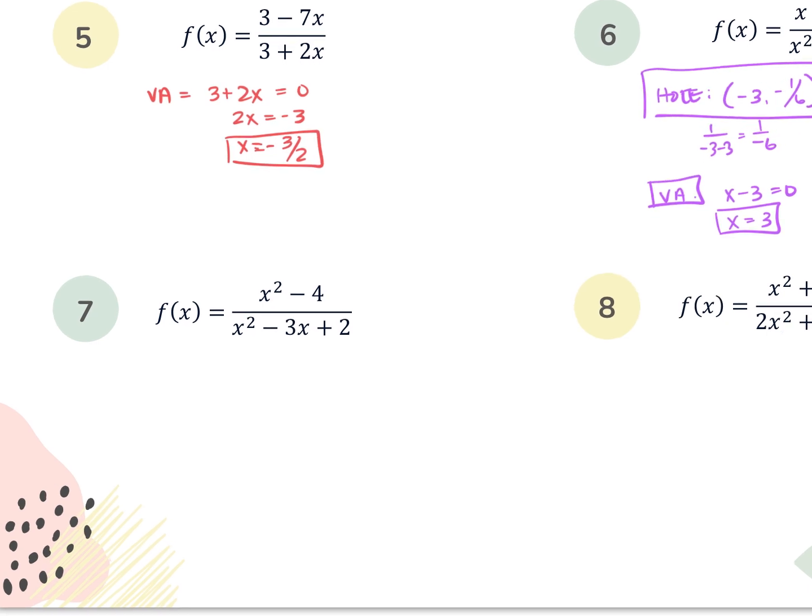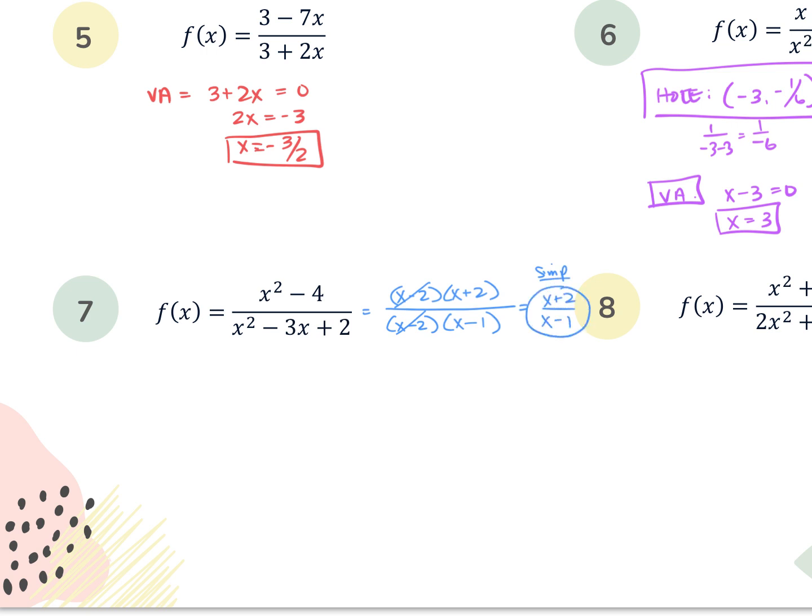For number 7, again, I see that I'm going to have to do some factoring here, so I'm going to start with that. So this numerator becomes x minus 2 times x plus 2. Then over here, I'm going to have an x minus 2 and an x minus 1. And so I realize that the x minus 2 is repeated. So I know my simplified version of this equation is x plus 2 over x minus 1.